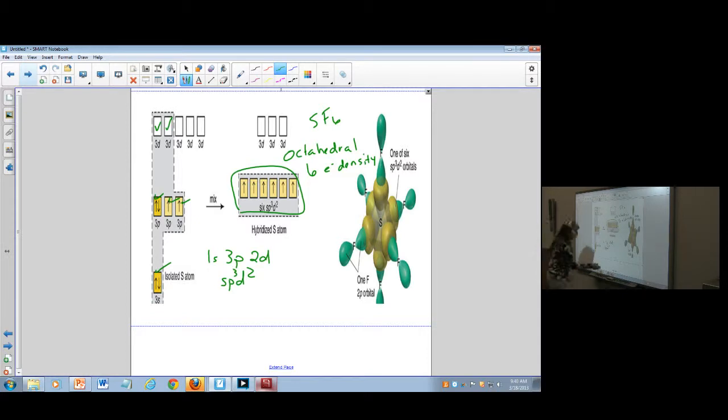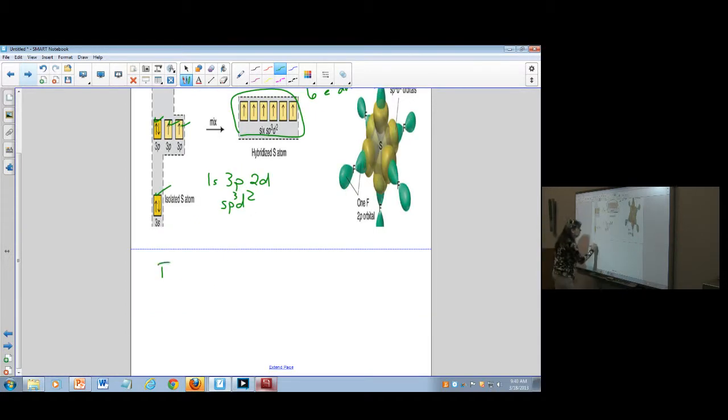What about if we had TeF5 minus? TeF5 minus is going to need 6 orbitals. When you draw it up, you'll end up with a molecule that looks like this.